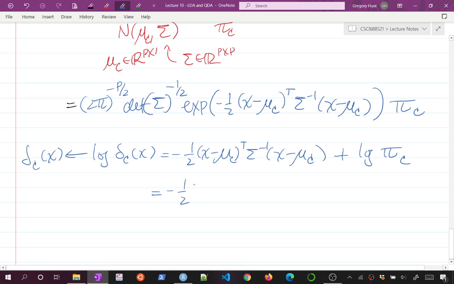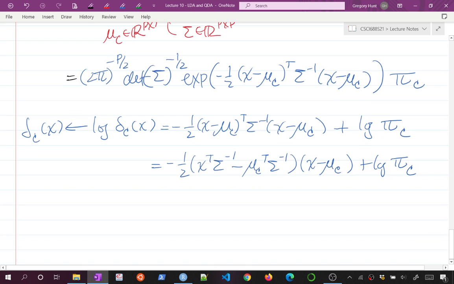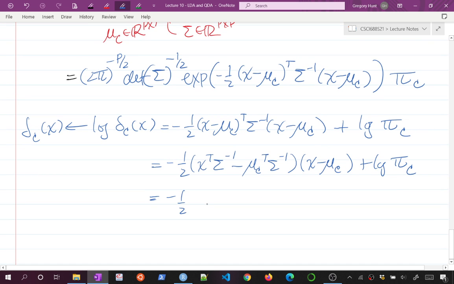So this is certainly going to be x transpose sigma inverse minus mu c transpose sigma inverse. And so that we can distribute through. I have my x minus mu c, and I got a log of pi c, and I'll keep going along. This is not too bad. The rules of distributing these things through, because it's all just multiplications, is actually not so bad.